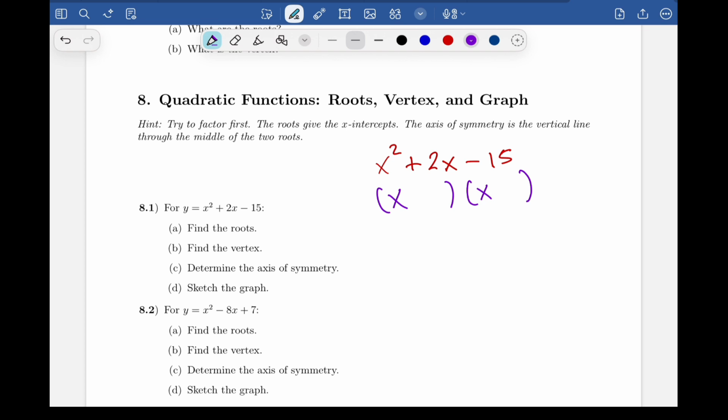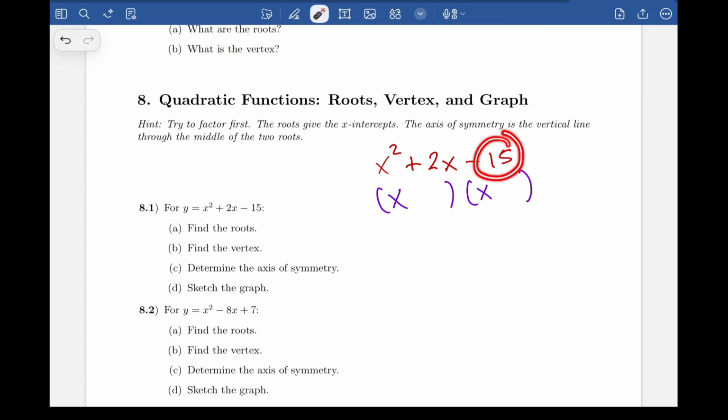And remember, we need to find two numbers whose multiplication is negative 15 and whose sum is 2. So we need to think, it could be 5.